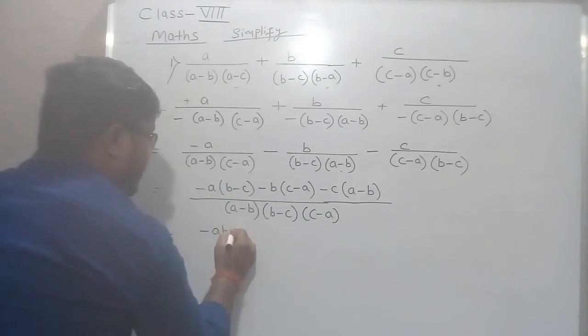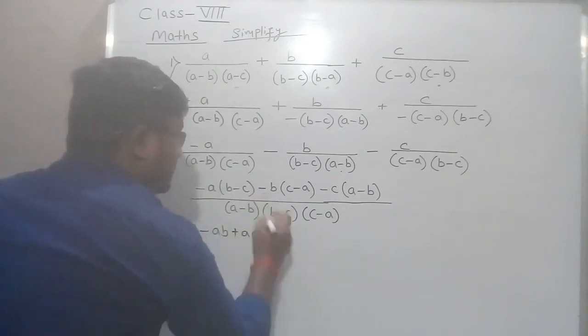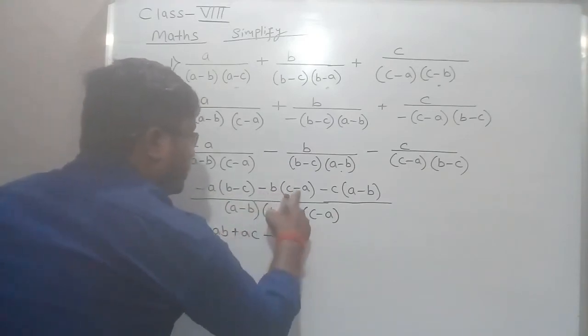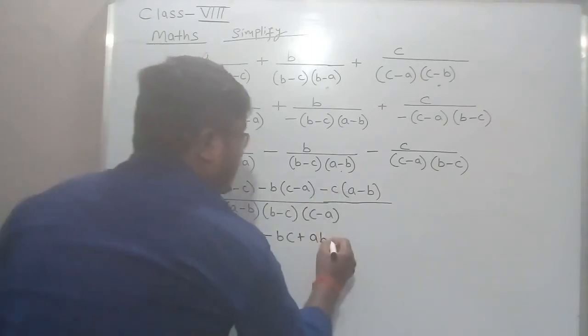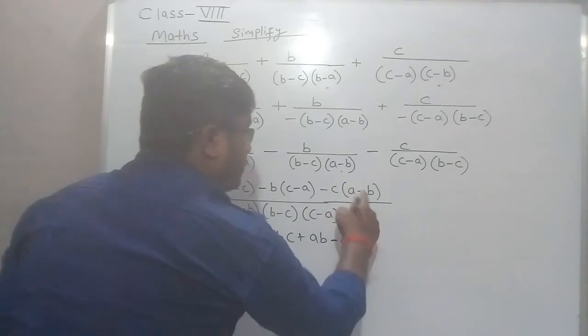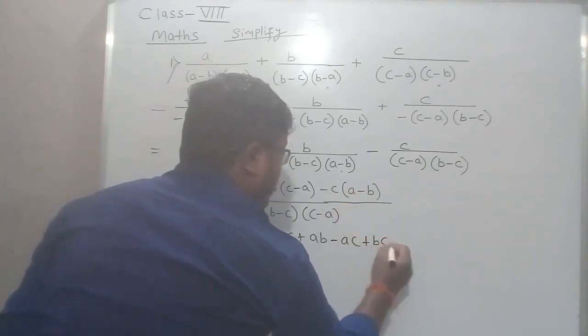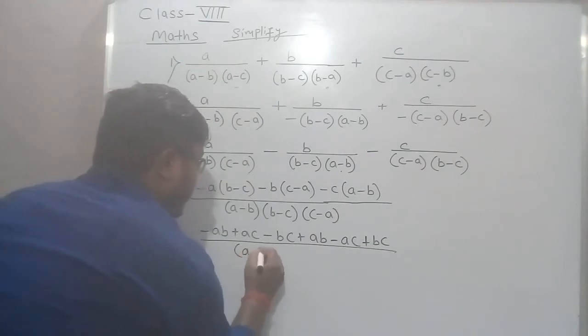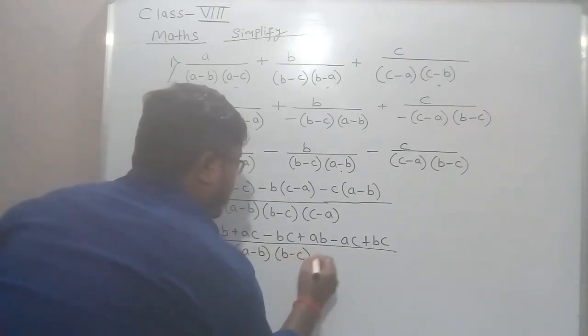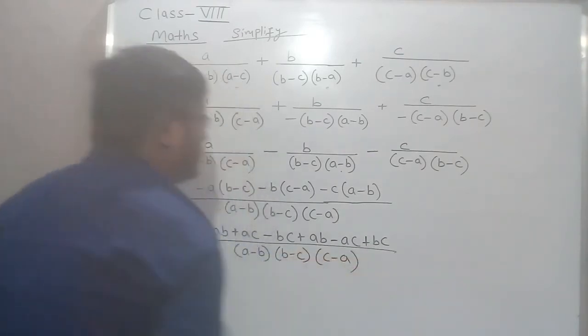Minus into minus is plus AC, minus BC, minus into minus plus AB, minus into plus minus AC, minus into minus is plus BC, whole upon A minus B, B minus C, C minus A.